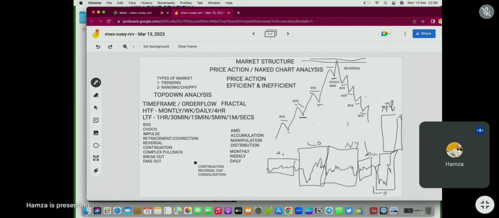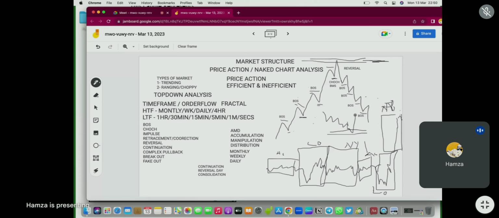So where we have breakout is, now let's assume price kept going up and it came to this higher time frame POI. We expect the POI to hold price and push price downwards, and vice versa. If price is going down and it comes to a high time frame POI, we expect the POI to hold price and push price upwards.